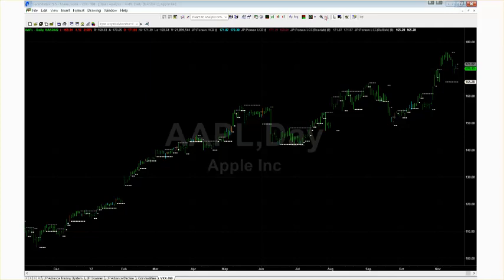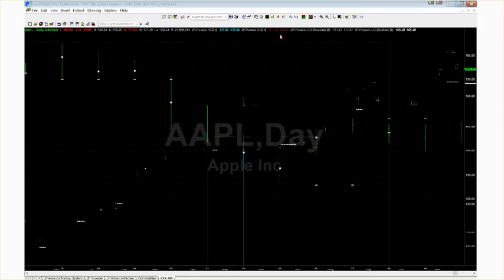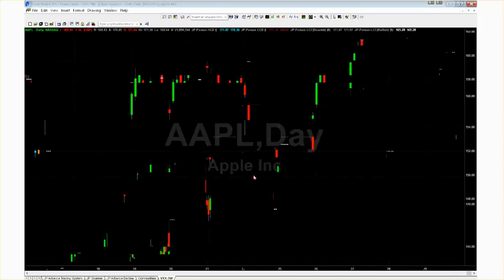Let's start first off with a blue candle. If it's a blue candle or bar, here's the candle, and here's a bar. If it's bright blue, it means we have labeled it as a doji formation.